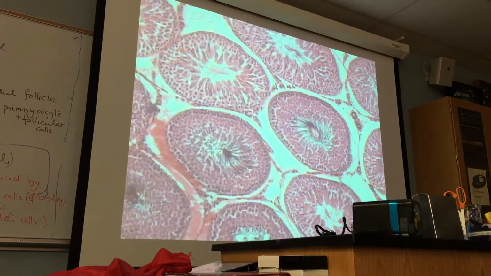Basement membrane is here. These are the cells. All these cells can be called spermatogenic cells, but only the cells in the periphery are the spermatogonia, the stem cells. And those stem cells will give rise to sperm.